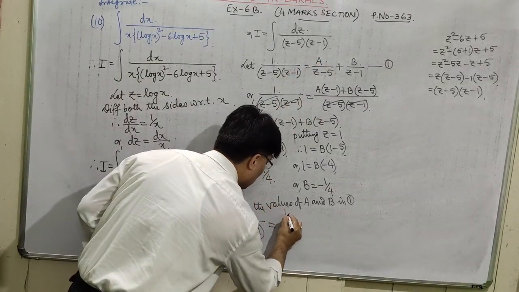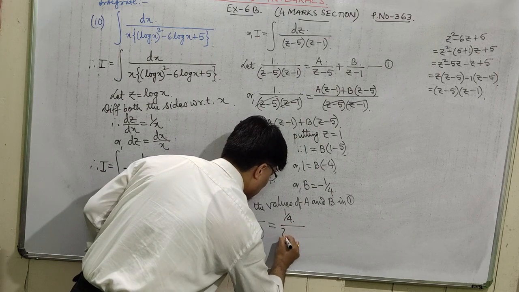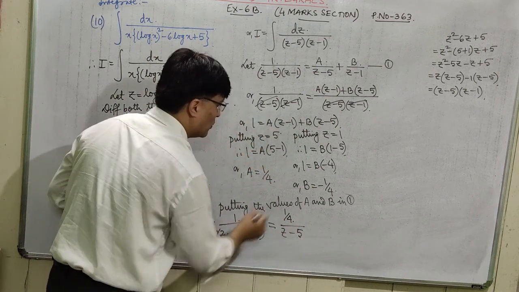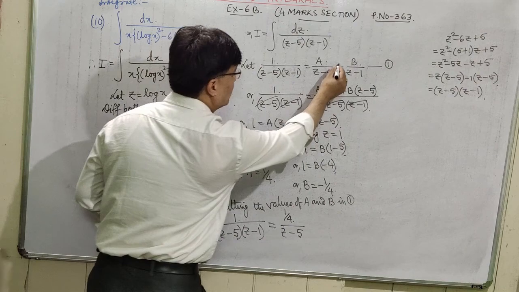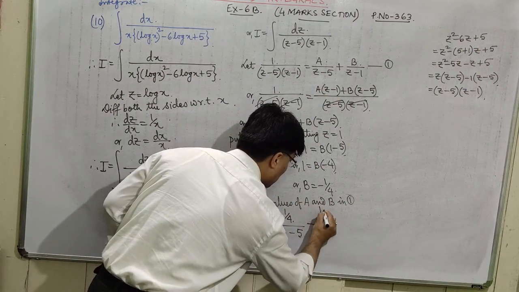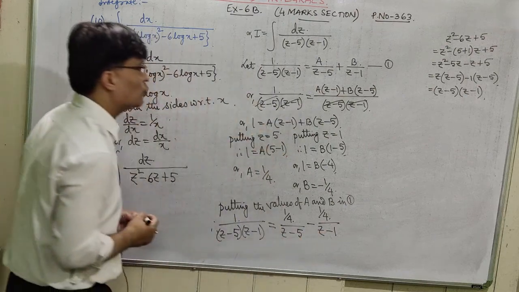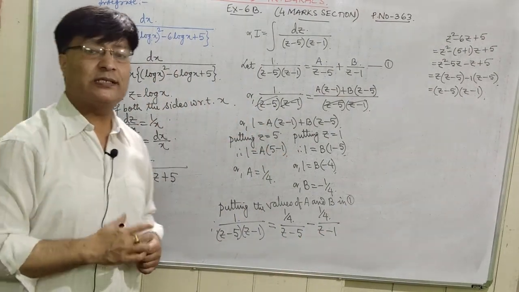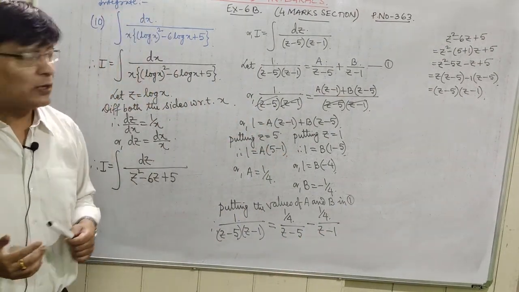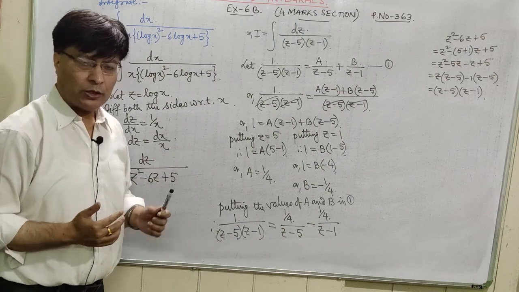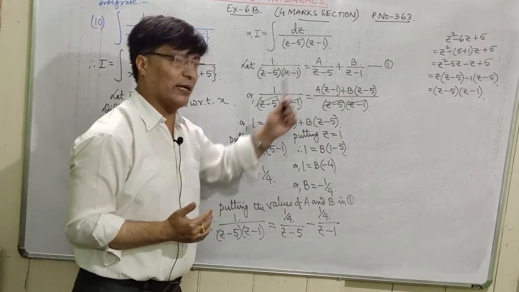It is 1/4 divided by z minus 5. What is B? It is minus 1/4. So plus and minus is minus. It is 1/4 divided by z minus 1. So that is number 1. So we have put those values of A and B in 1.